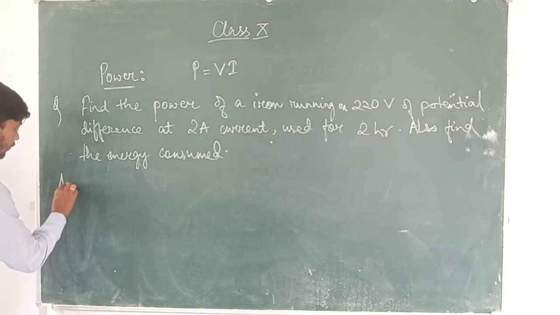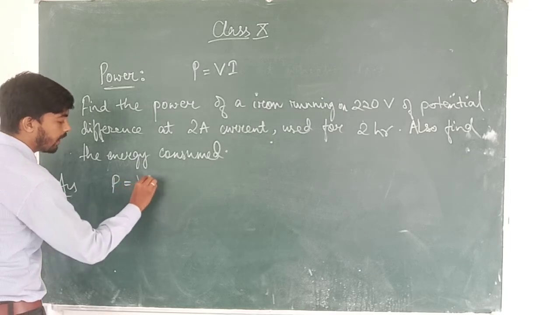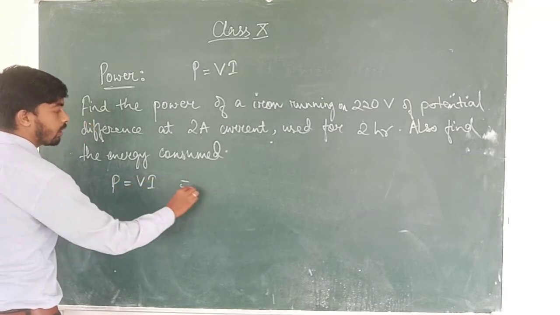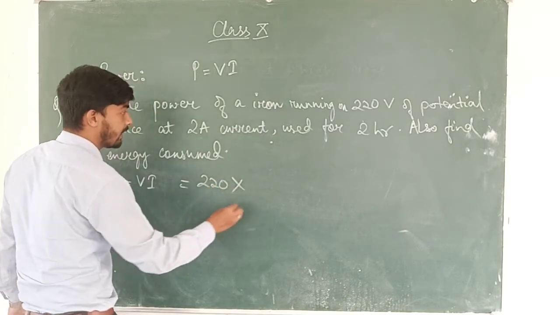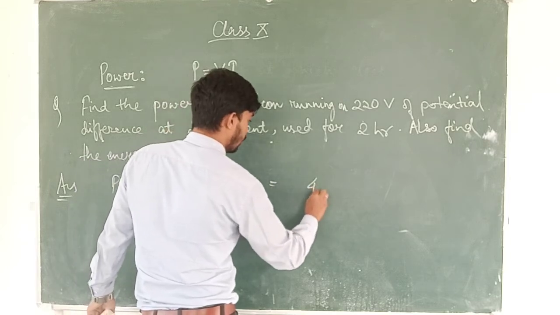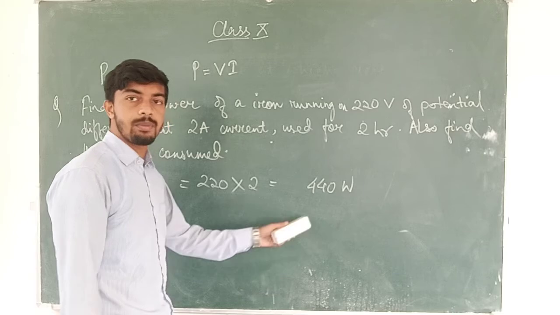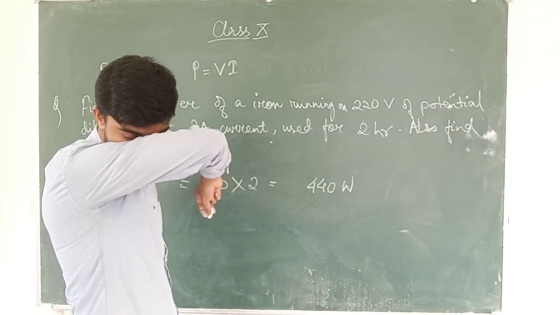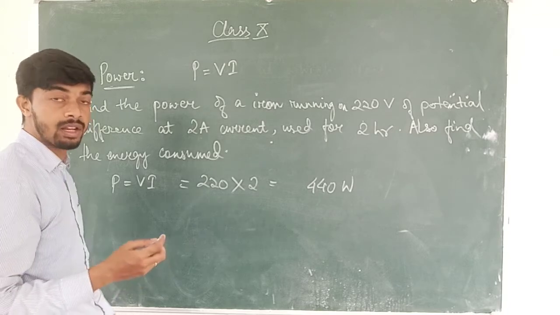Here power will be V into I. V is 220 and current I is 2 ampere, which gives us 440 watt. This is the power of the electric iron. Now when the iron is used for 2 hours a day, we need to find the energy.